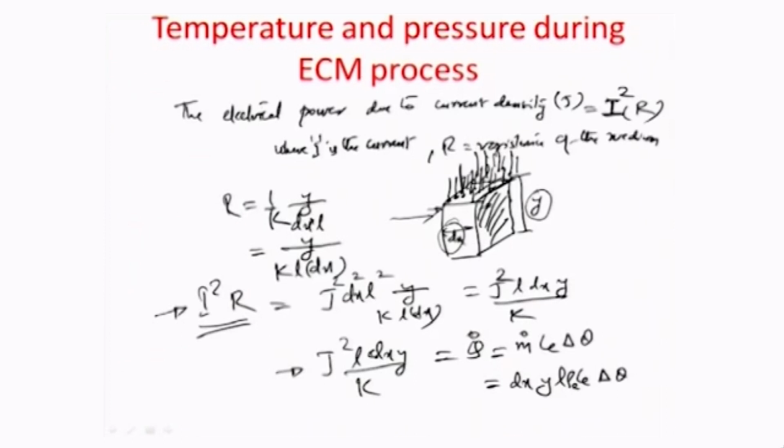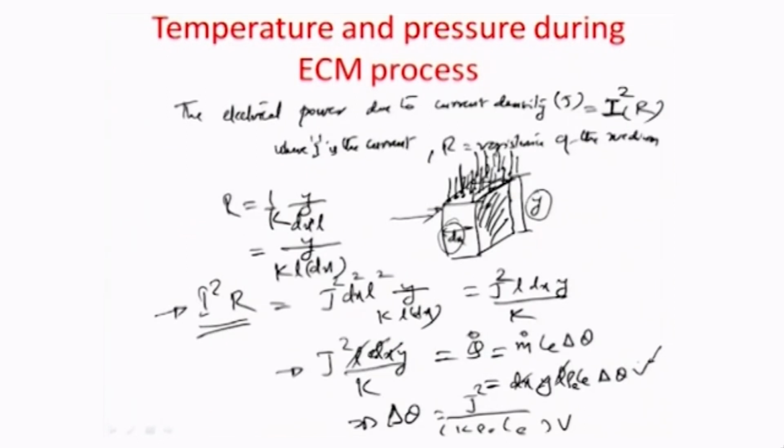So, therefore, the delta theta comes out to be equal to square of J divided by K rho E C E times V, where V is the velocity of motion of the electrolyte.